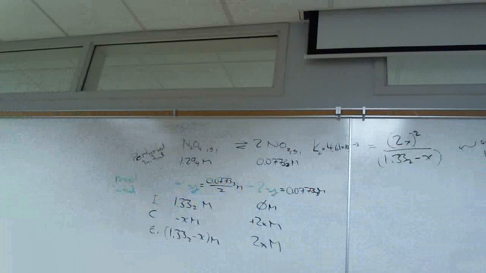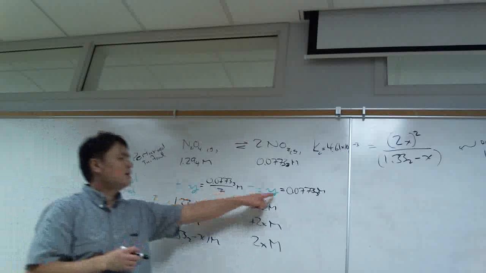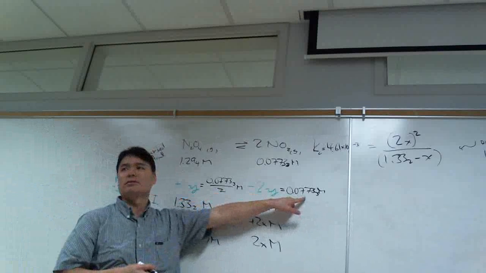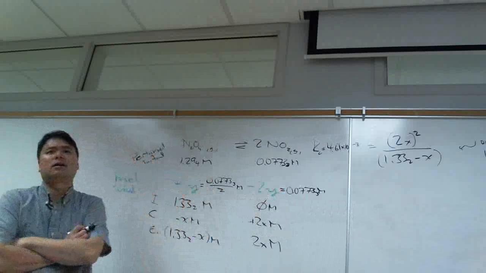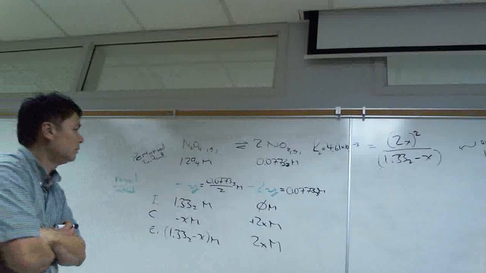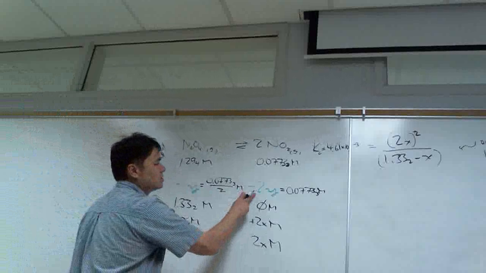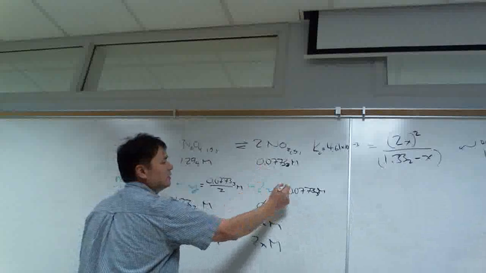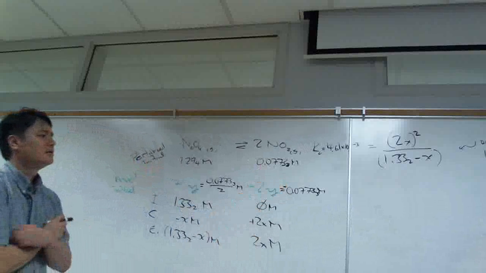But still quadratic. Question? You know that 0.0773 molar divided by 2? Can you explain that one more time? Okay, if 2y is 0.07733, then y is equal to half of that. That's where I got it. What about the negative? So minus 2y. Oh, you're right. This is a minus 2y, and so this means that this is negative 0.07733.